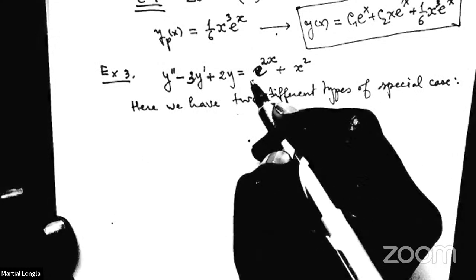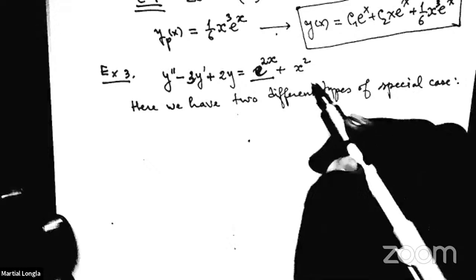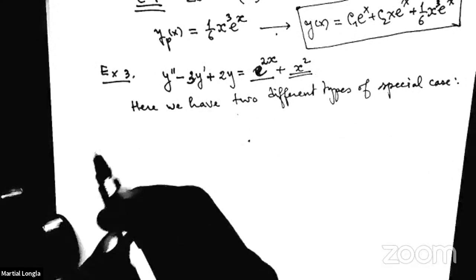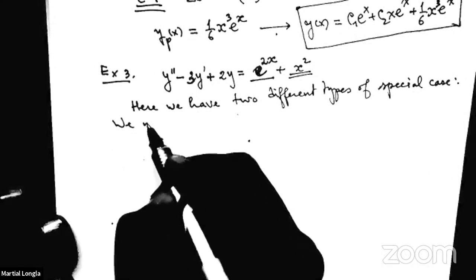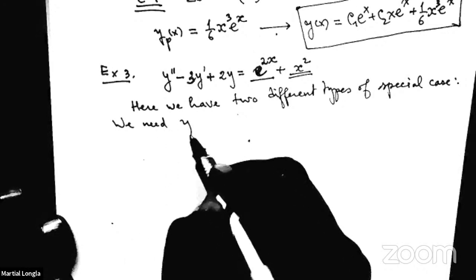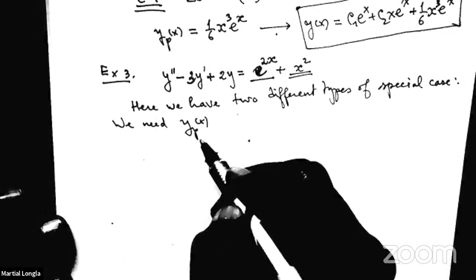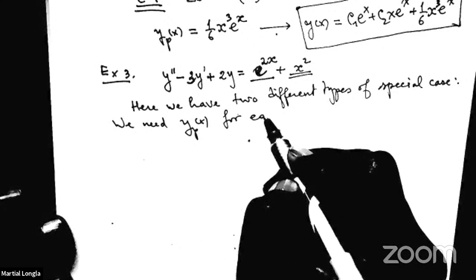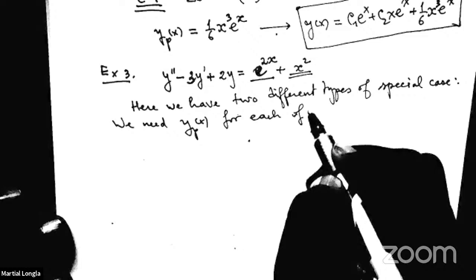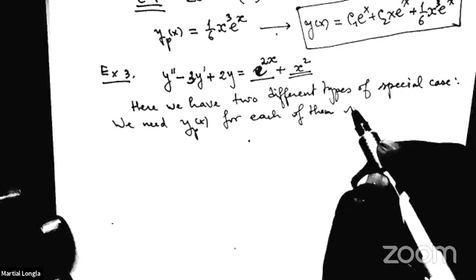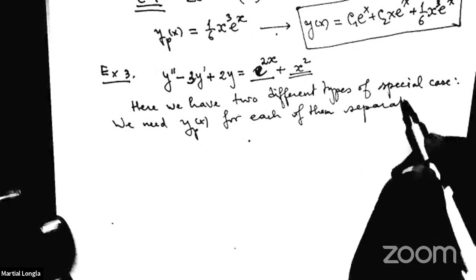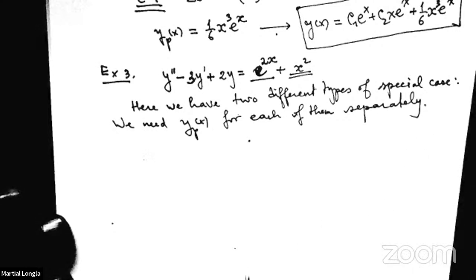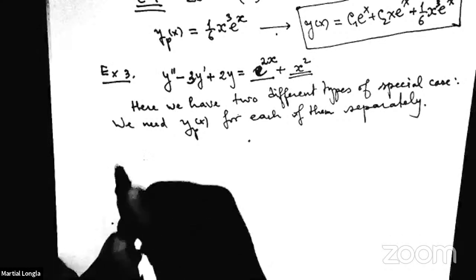So this is the first one, and that is the second one. So we need yp of x for each of them, separately. So you need to consider each of them separately to get yp for that, okay?